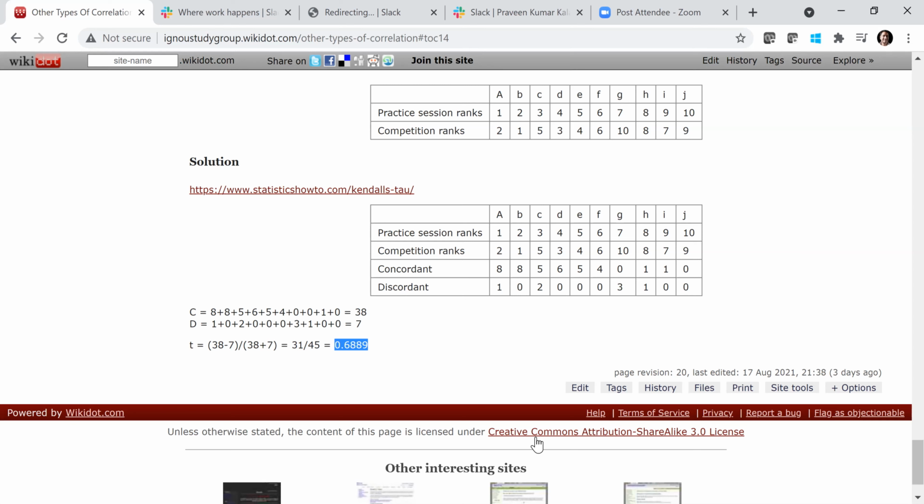I will give a complicated example, because an easy example in Kendall's tau is too easy. Okay, so let me share the whiteboard.